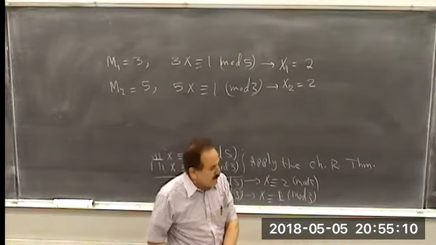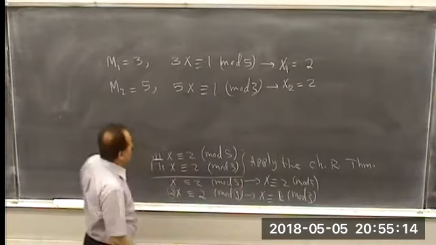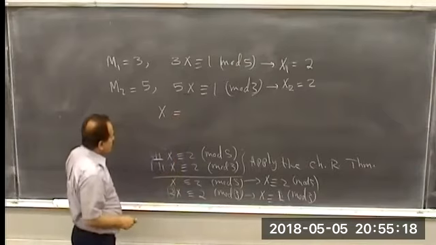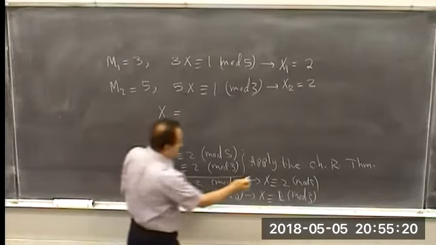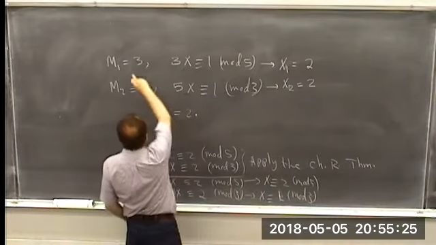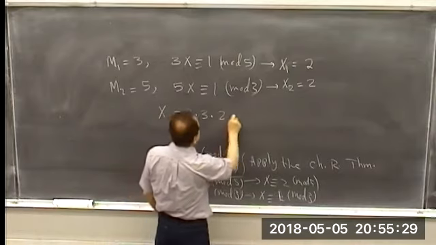Now we're going to combine these to give us one solution. So x is equal to A1, which is 2, multiplied by M1, which is 3, multiplied by the solution.